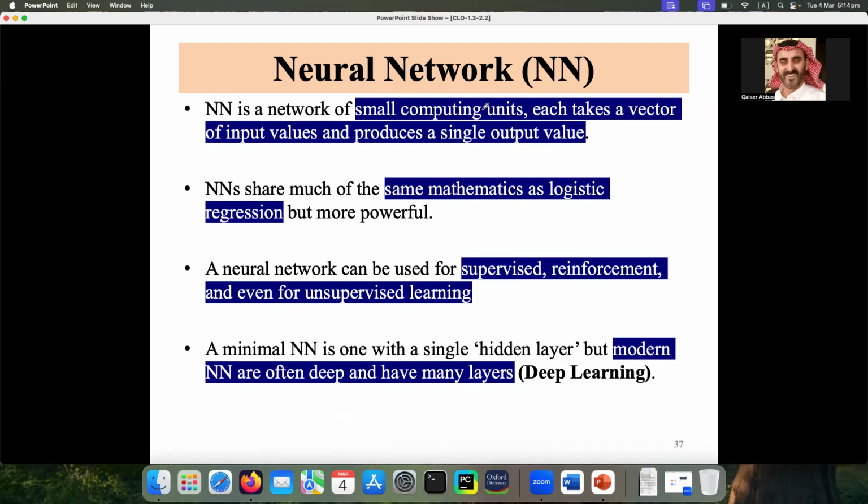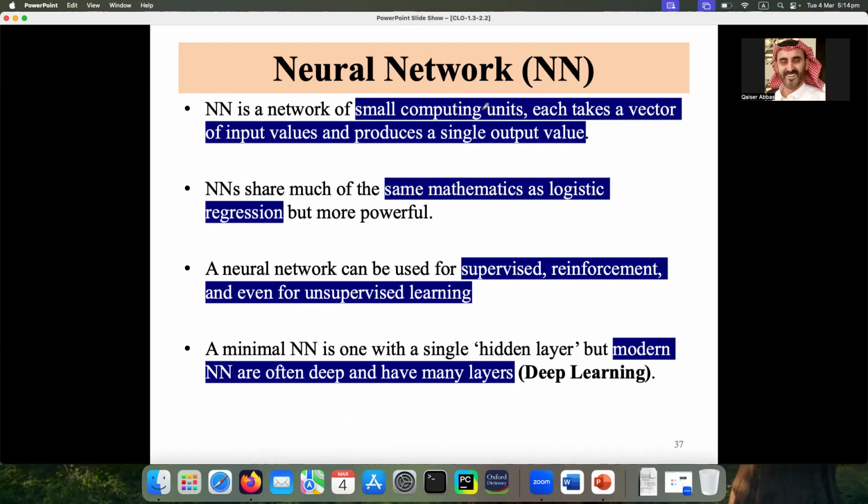We all know that, so I will not go into that detail. In computer science, a neural network is a small component that takes inputs in the form of a vector or array. If somebody is not understanding vector, he can take an array in his mind.